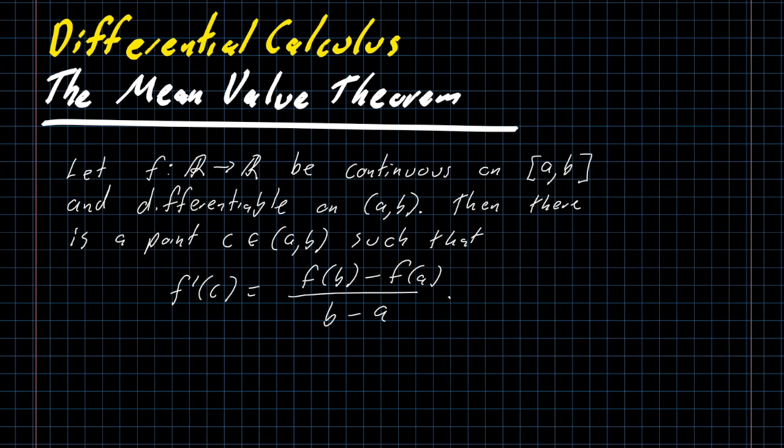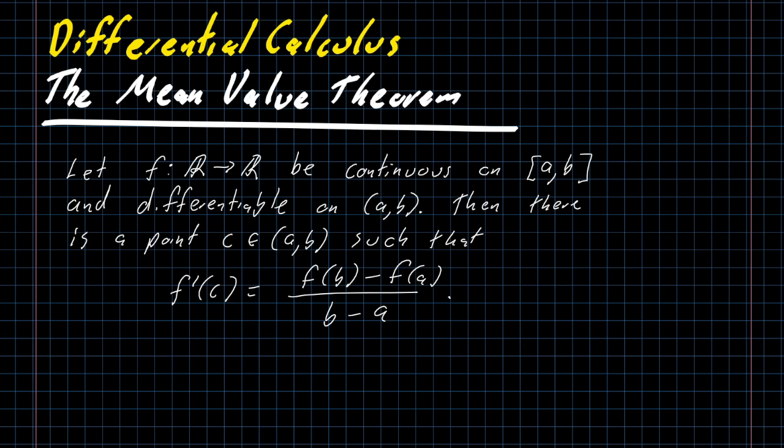Let me get my head out of the way, and let's start in with the definition here for the mean value theorem. If we let f be a real valued function of one real variable, which is continuous on a closed interval from a to b, and is differentiable on an open interval from a to b. Remember, continuous can be defined for closed intervals by taking the one-sided limit for the endpoints.